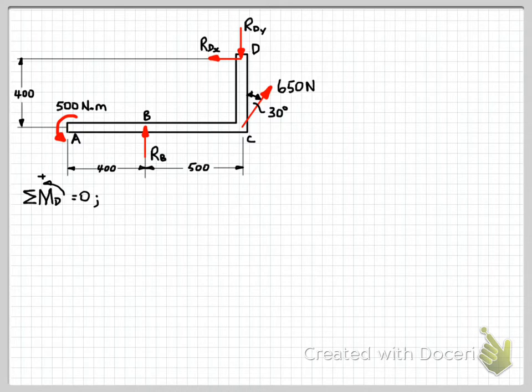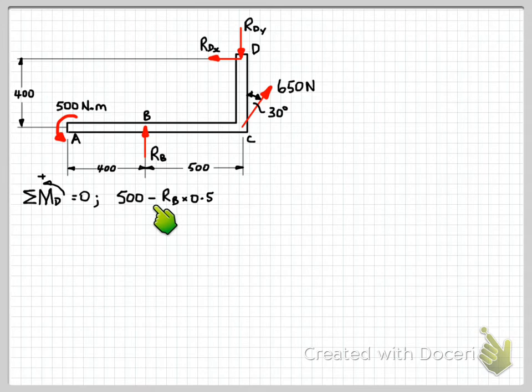Okay, so let's start by adding in our moment components. So we've got a 500 Newton meter applied couple, which is in the anti-clockwise direction, so that's positive 500. And we have a force RB here, which is at a perpendicular distance of 500 millimeters from point D. So its moment effect will be RB times 0.5, because we have to convert from millimeters into meters, because our 500 here for our applied couple is in Newton meters.